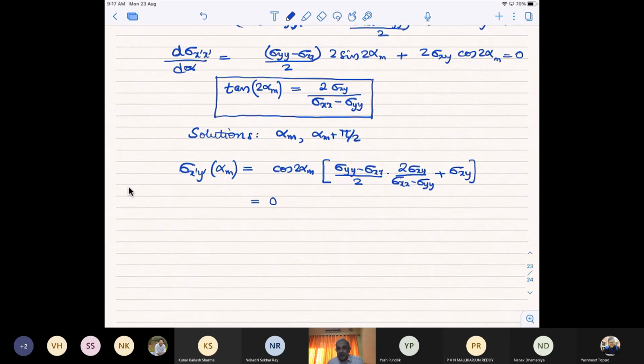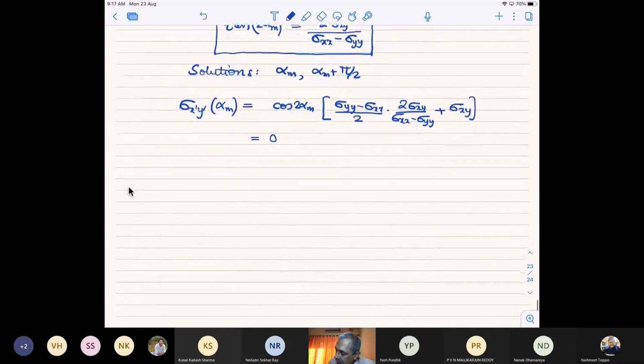So along the principal axes, when the angle of the axis is alpha m, those are called the principal axes.